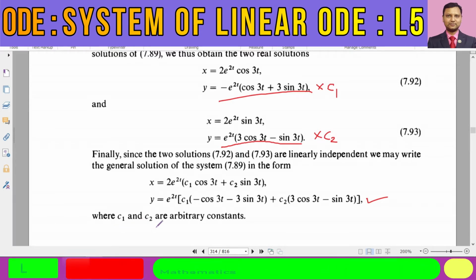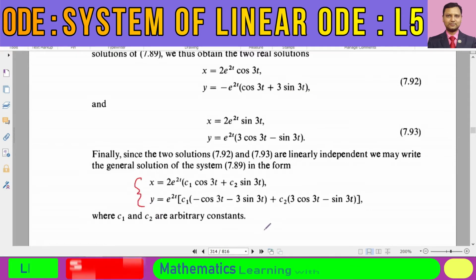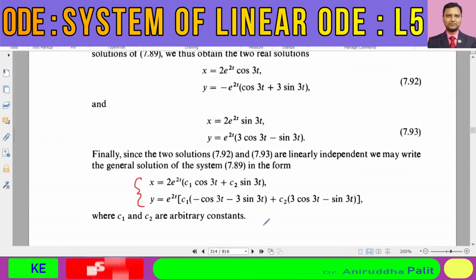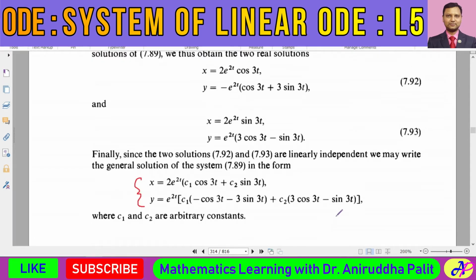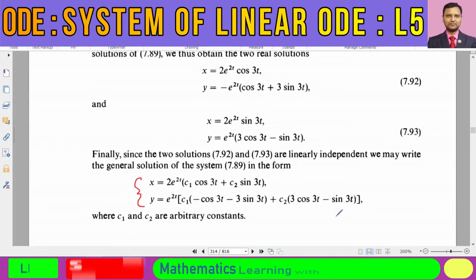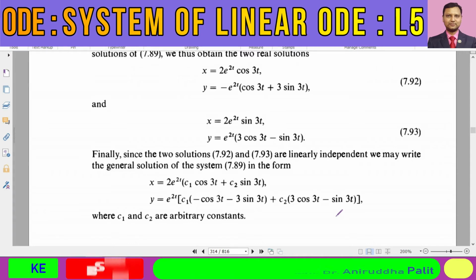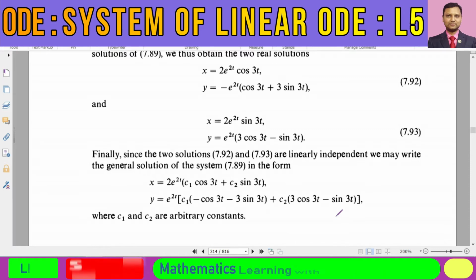So in this fashion, we will be able to compute the general solution of the given differential equation. That is the technique I wanted to demonstrate when the characteristic roots of the given system are complex conjugates of each other.